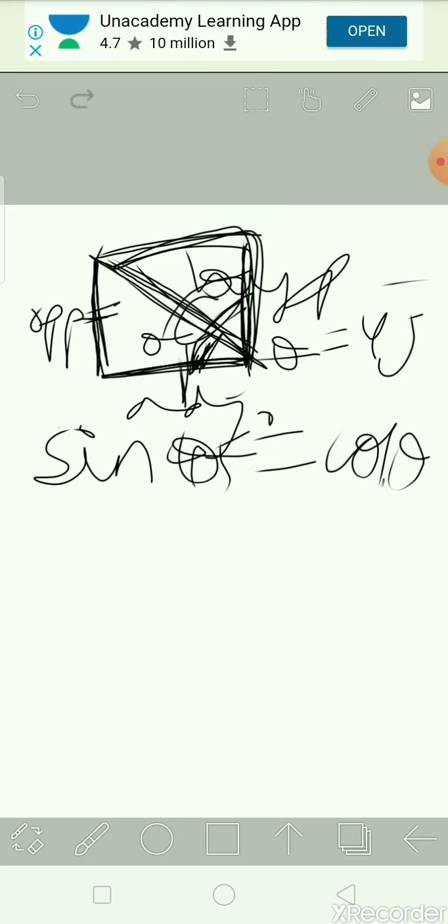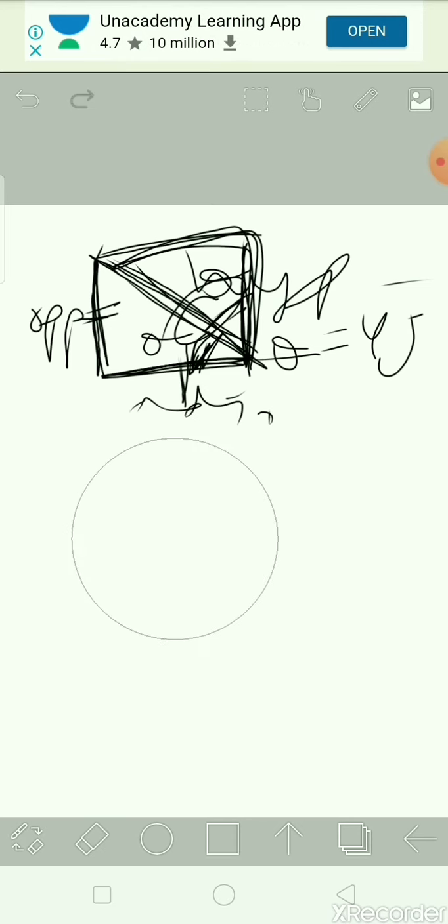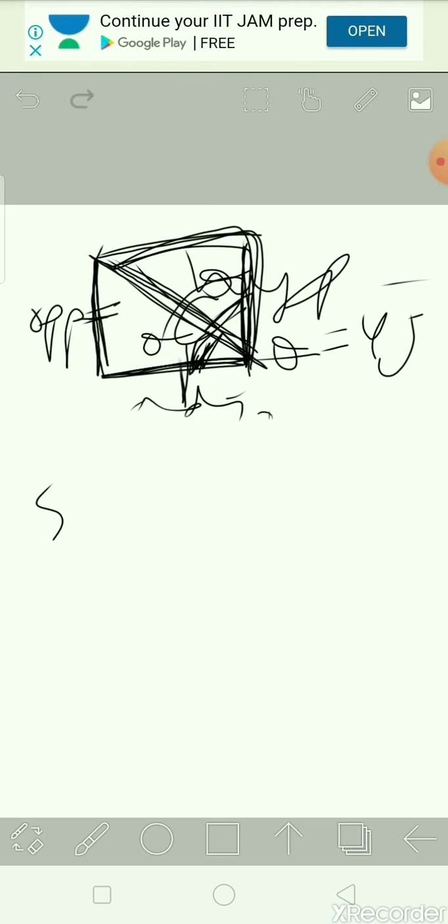So from the square of hypotenuse theorem, we get hypotenuse as root 2 times the other two sides. Let's take the other two sides as 1, and here hypotenuse is root 2.